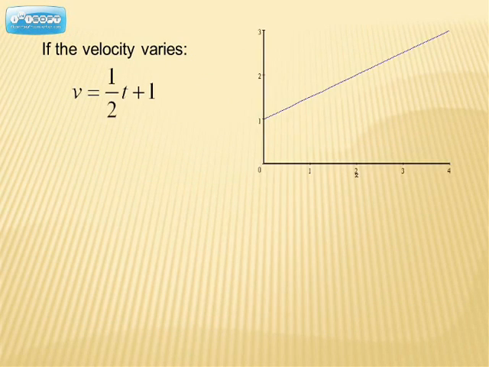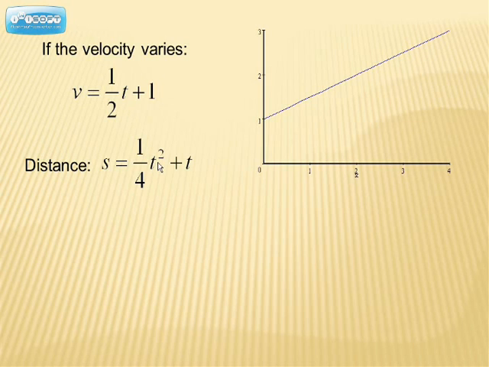If the velocity varies now, so let's say we have a velocity of 1/2 t plus 1, our distance function would be the antiderivative of our velocity. And so what I've done is I've taken my velocity function, 1/2 t plus 1, and found what function's derivative would be 1/2 t plus 1.